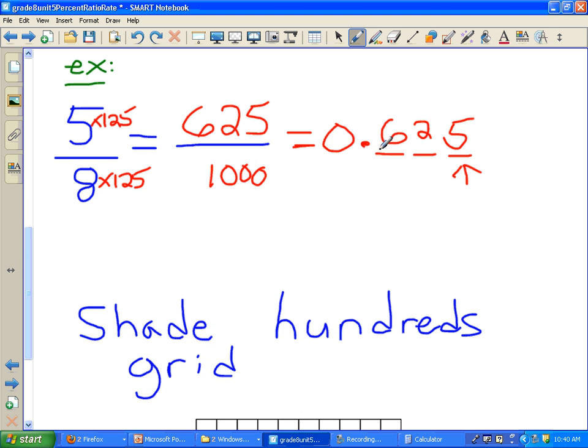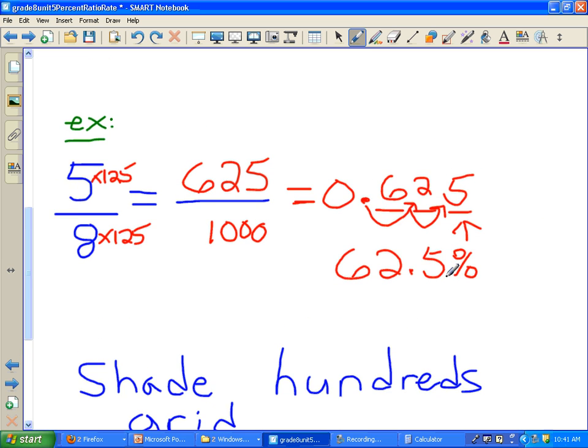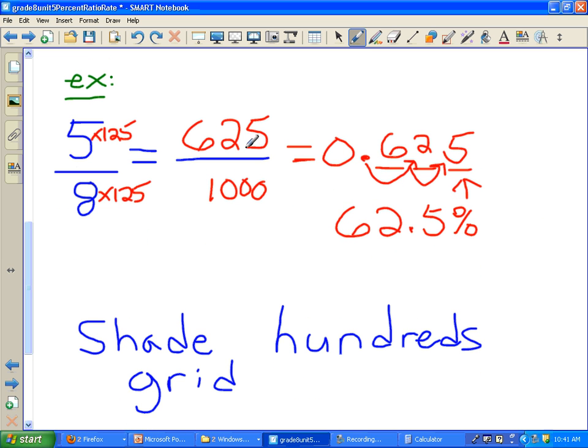Remember, when you're changing a decimal to a percent, one way to do it is simply shift the decimal 2 places to the right. So if it's 0.625, it's going to be 62.5%.